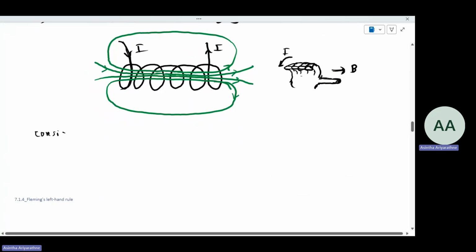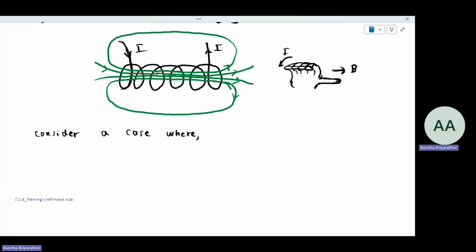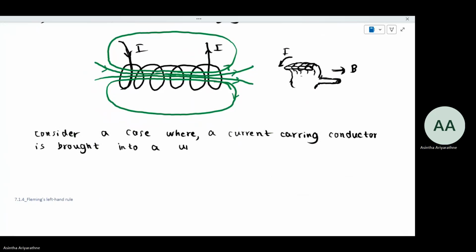So consider a case where a current carrying conductor is brought into a uniform magnetic field, a magnetic field like this.